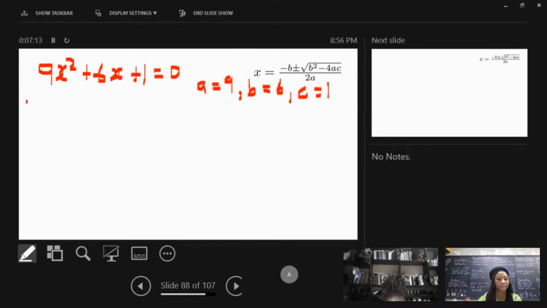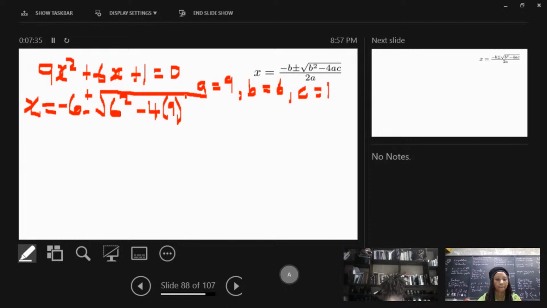So x is equal to negative 6 plus or minus the square root of 6 squared minus 4 times 9 times 1, over 2 times 9.